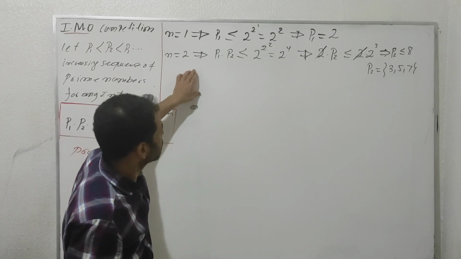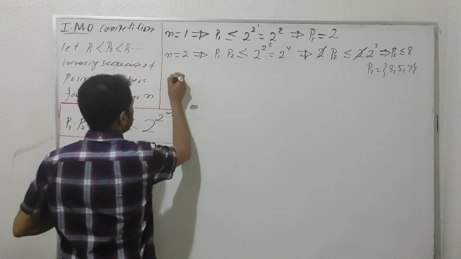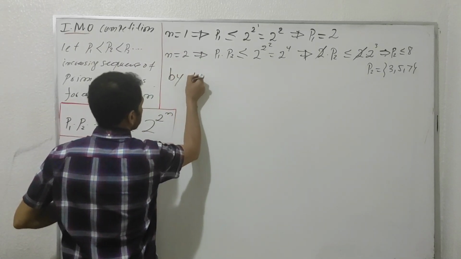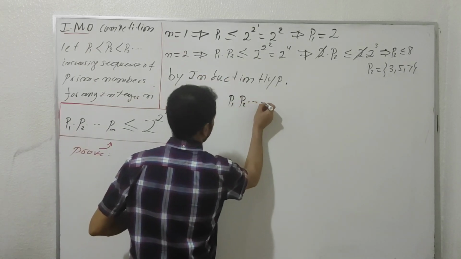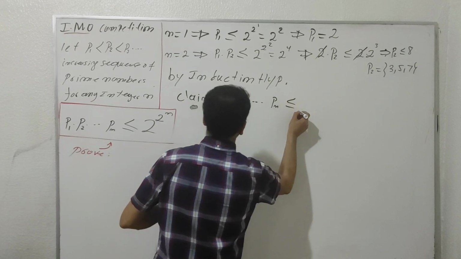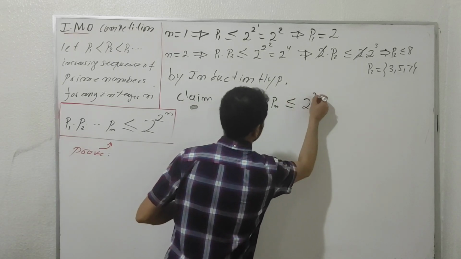By the induction hypothesis, let's claim that P1 multiplied by P2 and all the way down to Pn is less than or equal to 2 to the 2 to the n.